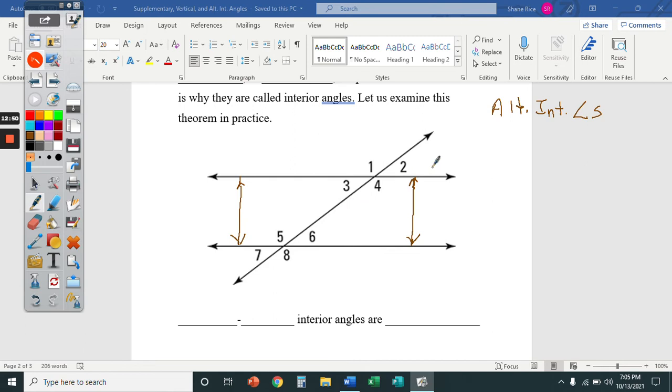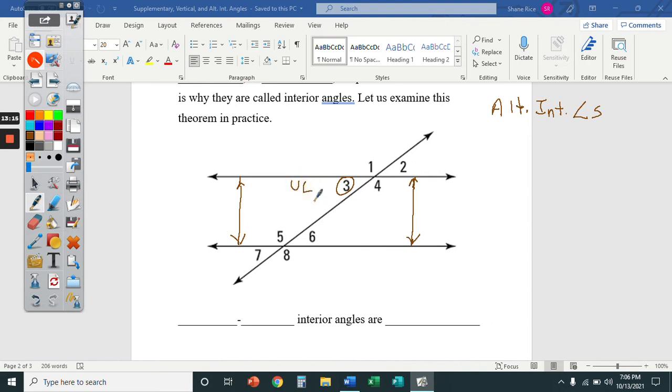And the way I teach this is look at angle number 3. It's an interior angle. So if I decide to call these angles by their placement inside, number 3 is on the upper left.